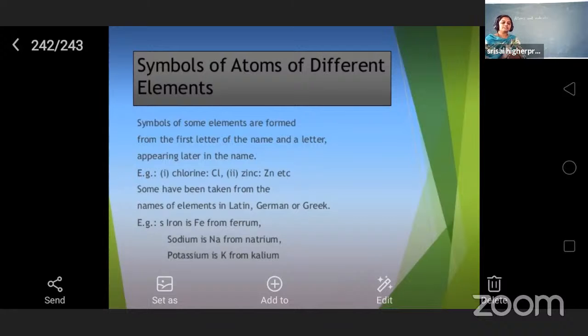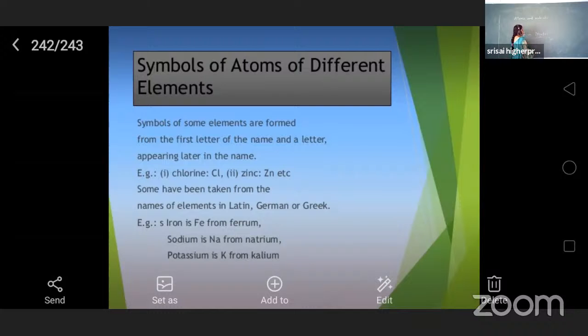What is the SI unit of force given there? Newton, right? Newton is the name of a scientist. Because in the laws of motion Newton found these things, the SI unit is given as Newton.